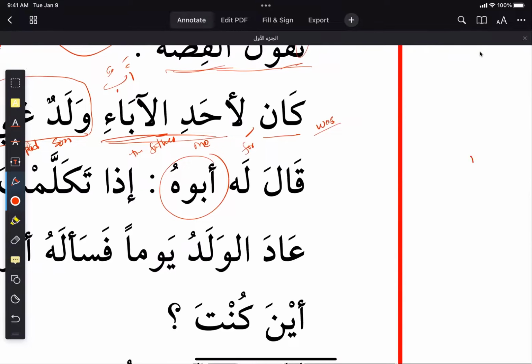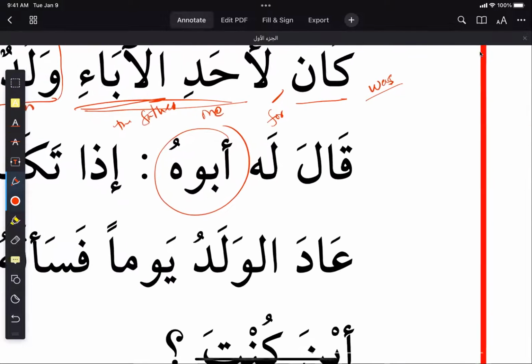One of them is akh, another one is ab, and the other ones we don't have to worry about right now. They are very special words in Arabic. We call them Asma'ul Khamsa. They have a little bit different way of grammar rules when they come in a possessive form.